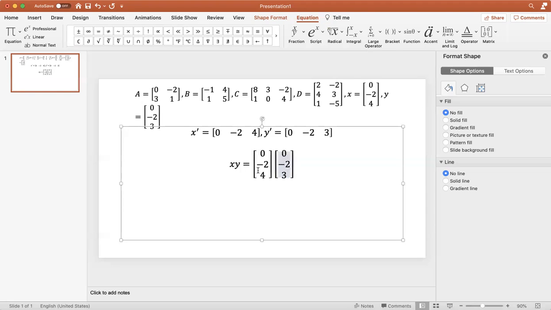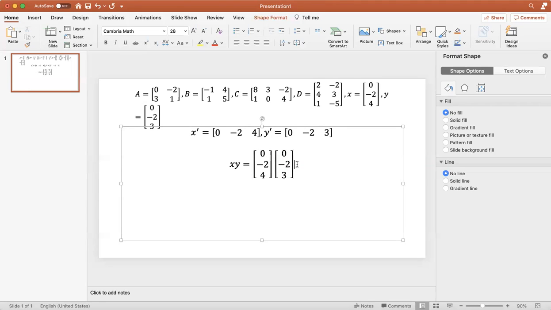Okay, so you cannot do this because the number of columns of the first vector doesn't correspond to the number of rows. You have one column here, but you have three rows here. So that's not possible. This attempt to multiply these two vectors would be impossible, right? Not unless you have something like this.